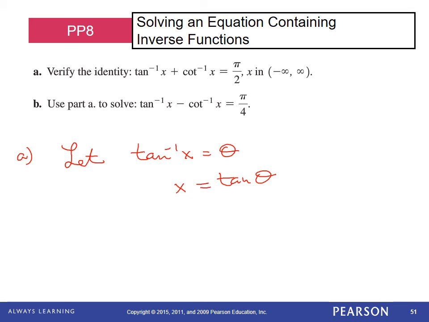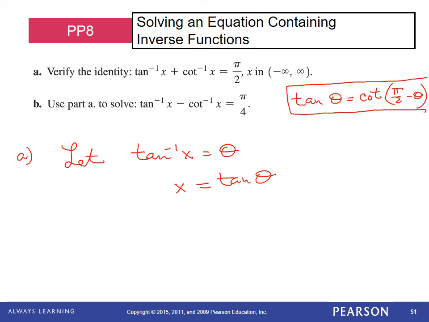This is an identity that we learned. It was one of those practice problems when we were graphing the tangent function. We found out this little identity. Tangent of theta is equal to cotangent of pi over 2 minus theta. Now, do you need to know this?